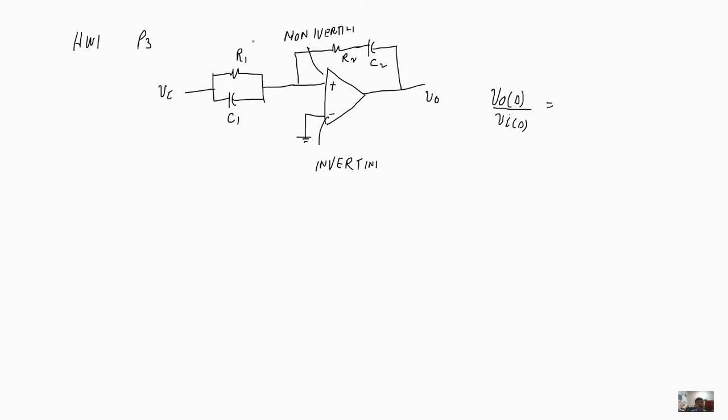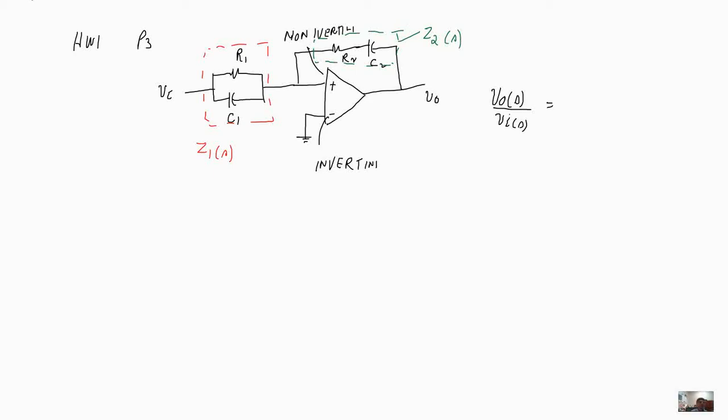Let me use a red one for this guy. We are going to call this block Z1 of S. Okay, and let's put this as a green block, and we are going to call this guy Z2 of S. Well, if you recall, Z1 and Z2 of S, both of them are impedances, right?